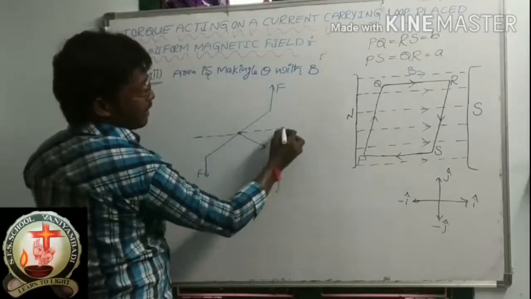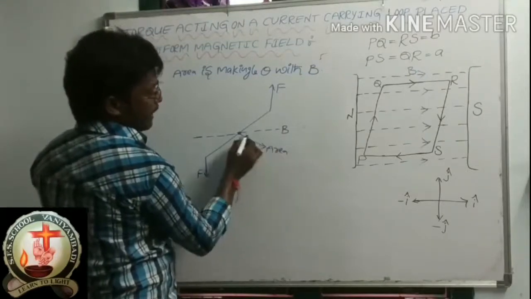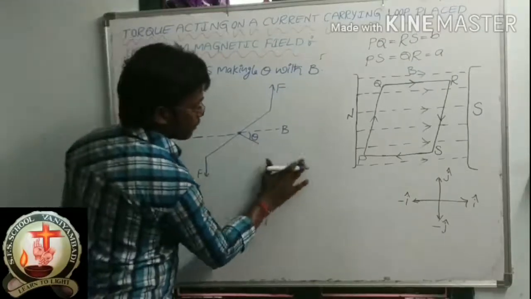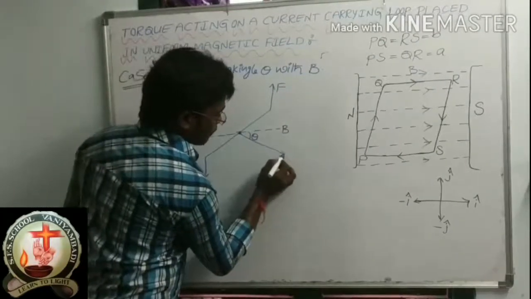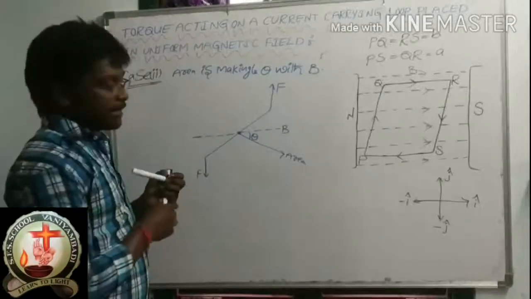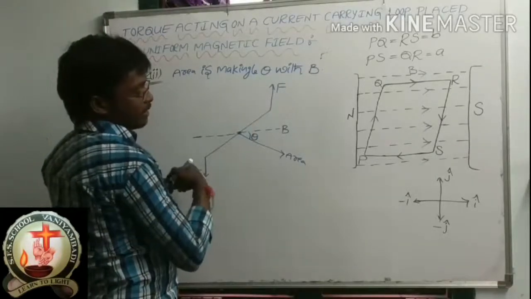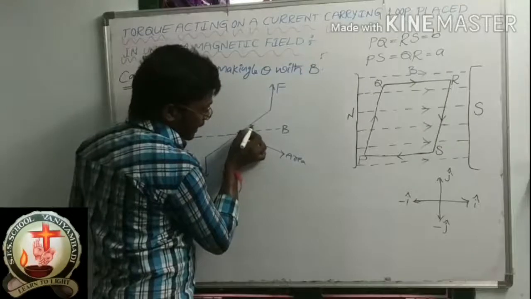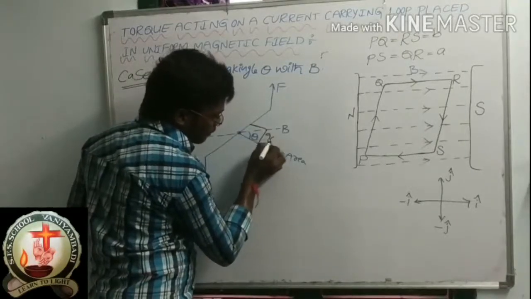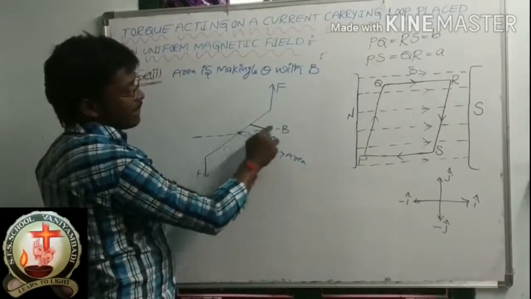So here this is the magnetic field B, and this is the area. The area is making angle theta, so this is theta. Always, this end PS and this area vector, the angle between these both is 90. Please listen. The area is making angle theta with the magnetic field.